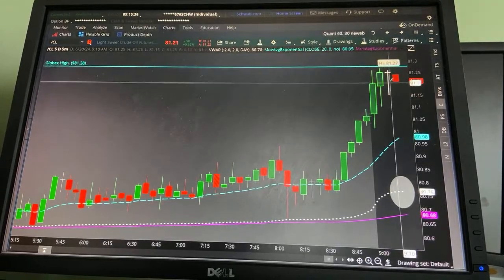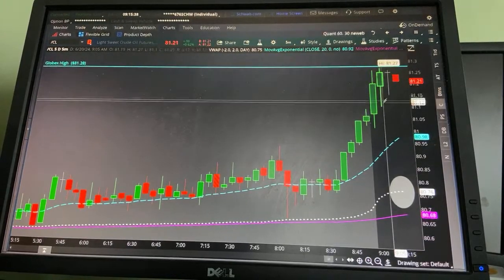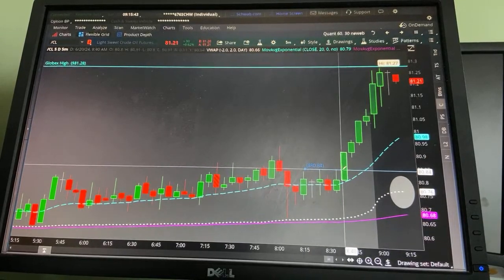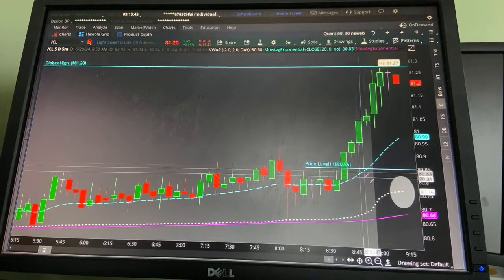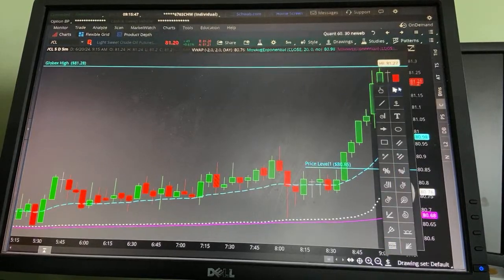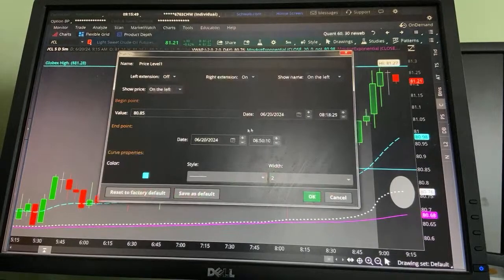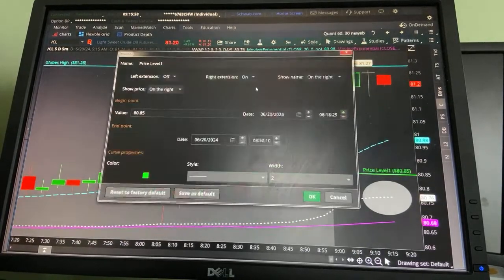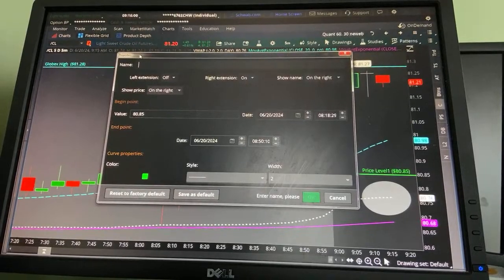If you are not in this, for example, you can wait for a pullback on the smaller time frames. I'd be looking at this area, give or take, call it 80.85 thereabouts, where you could potentially engage a pullback to go long or bullish. This would also have confluence with what's called VWAP.